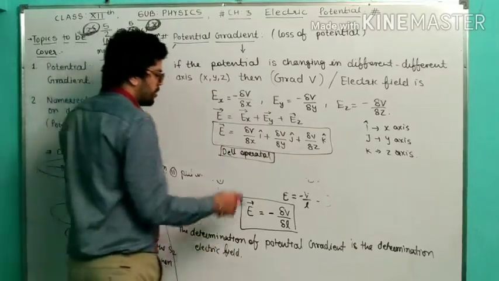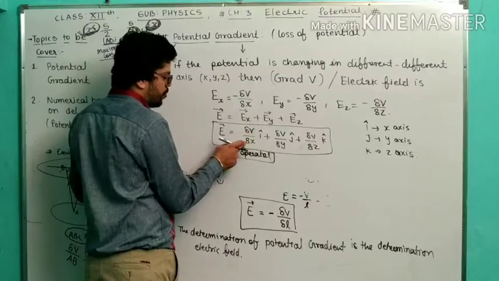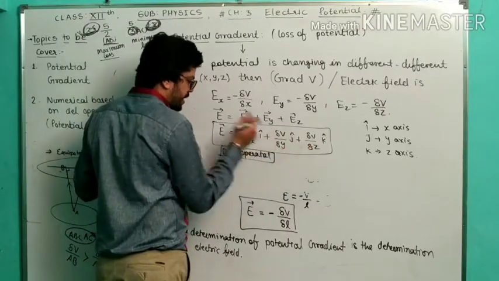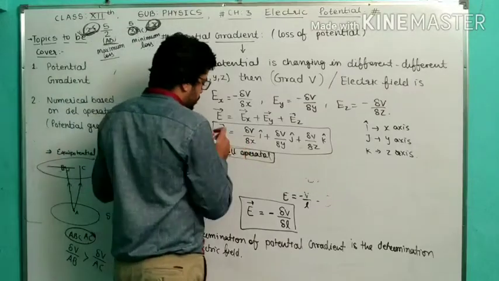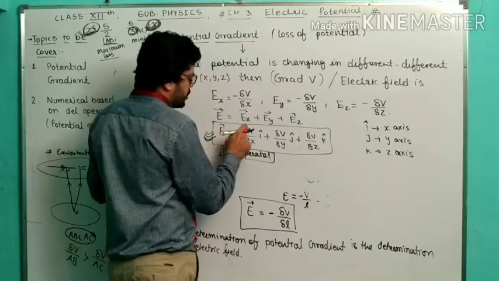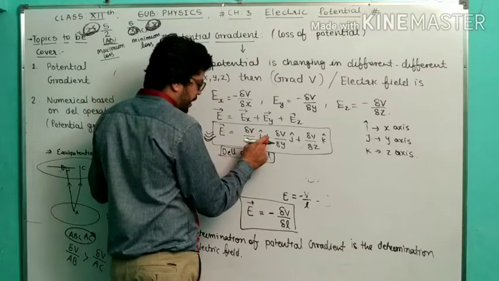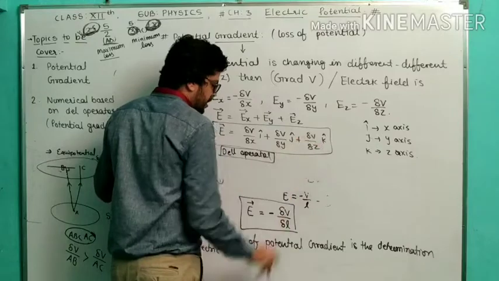When we talk about x-axis, y-axis and z-axis, you only have to consider del upon del x, del upon del y, del upon del z. So this is going to be considered what? Del operator. This is very easy to understand. Electric field is equal to del V upon del x I cap plus del V upon del y j cap plus del V upon del z k cap.